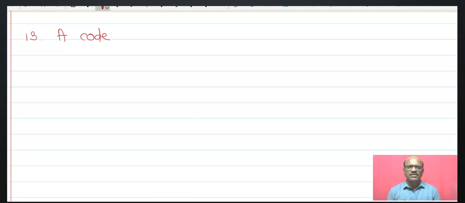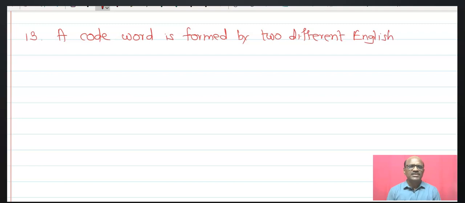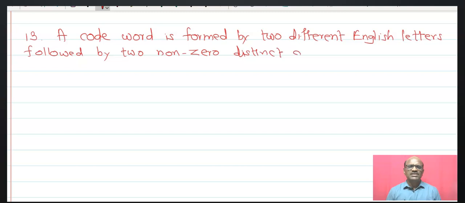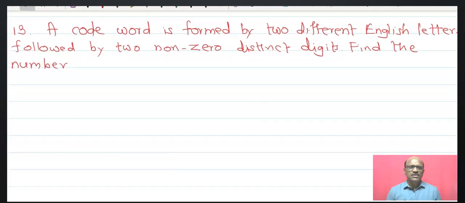The problem number 13. A code word is formed by two different English letters followed by two non-zero distinct digits.